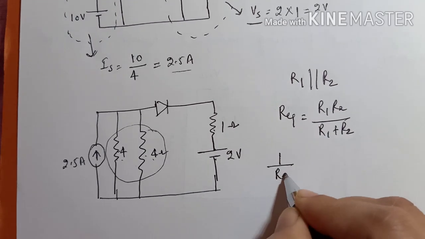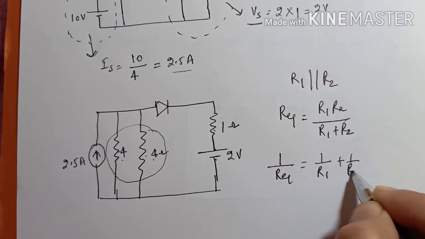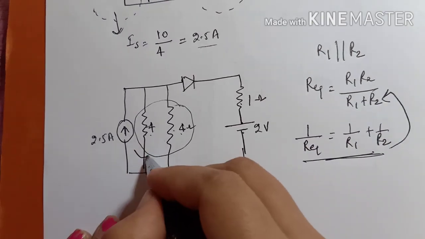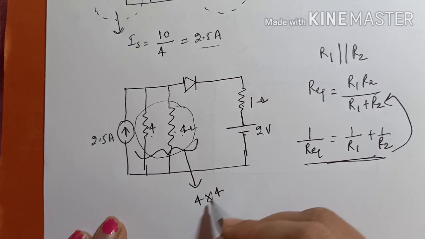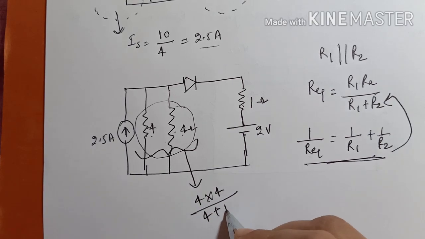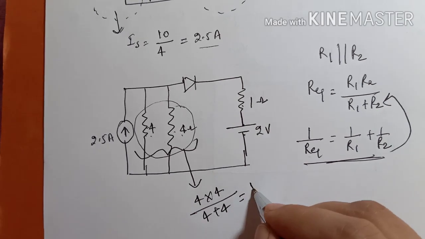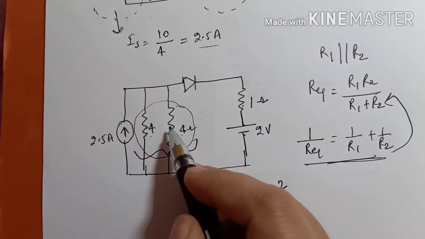For parallel resistances, 1 upon R equivalent will be 1 upon R1 plus 1 upon R2. Solve this and you will get this. So the equivalent of these two 4 ohm parallel resistances will be 4 into 4 divided by 4 plus 4. So what will be the value? 4 into 4 is 16 divided by 8 equal to 2. So a 2 ohm resistor is connected here.